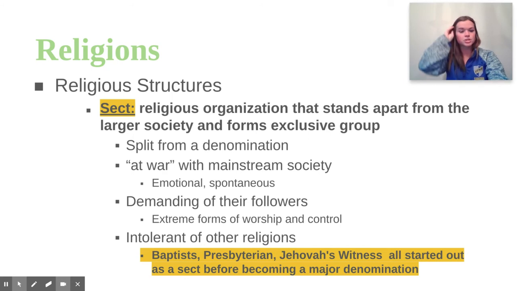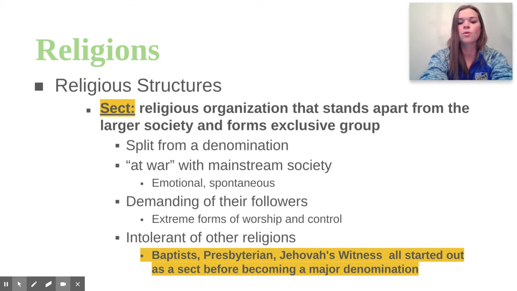So, religious structures continued. A sect is a religious organization that stands apart from the larger society and forms exclusive groups. That's how we will define it in sociology. It's a split from a denomination. Back in the day, you could be at war with the mainstream society, which is why you'd want to break off, such as being emotional, being spontaneous.